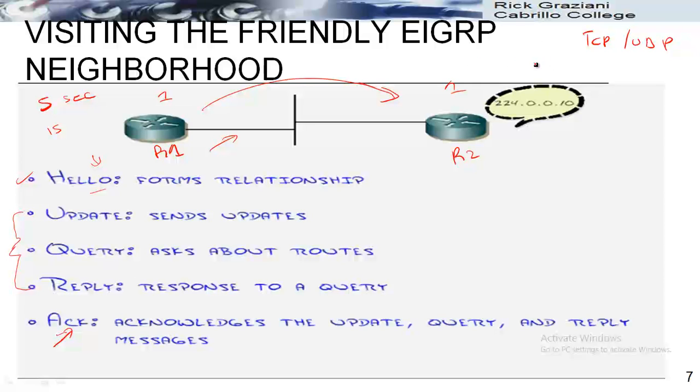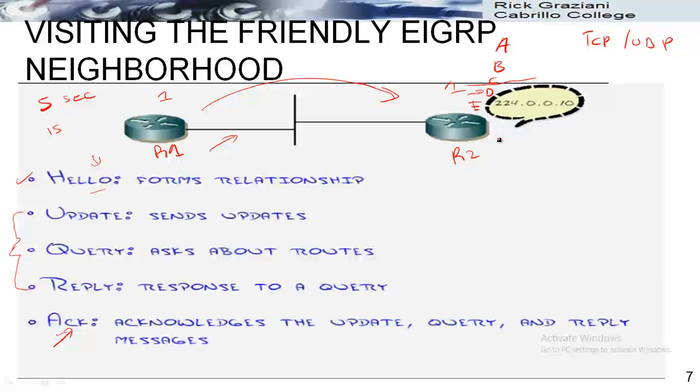At layer 3, another thing you need to note is we talked about the various classes of IP addresses: A, B, C, D, and E. I said that in our networks we use A, B, C. D is usually multicast. As you can see, EIGRP uses a multicast IP address of 224.0.0.10.